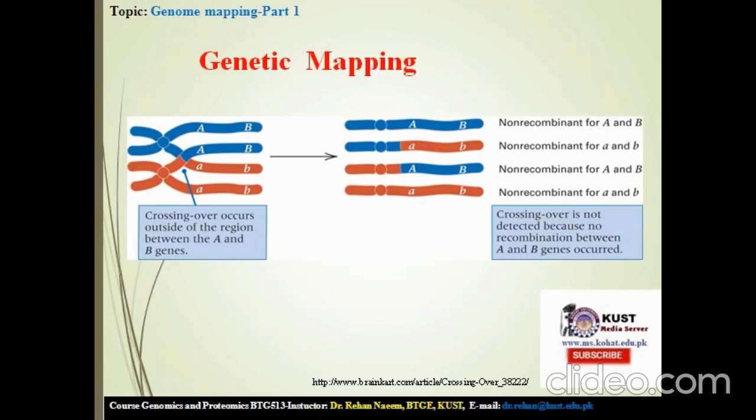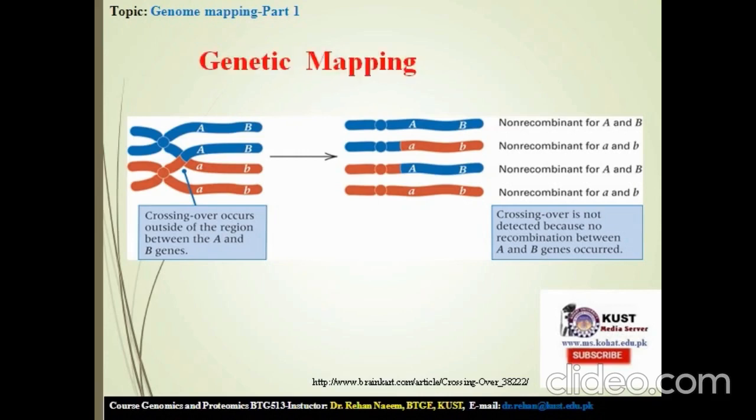How can we determine the recombinants? You know that during meiosis, chromosomes come together and form synapsis.